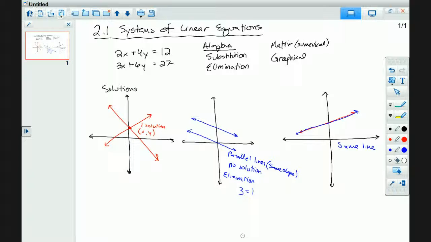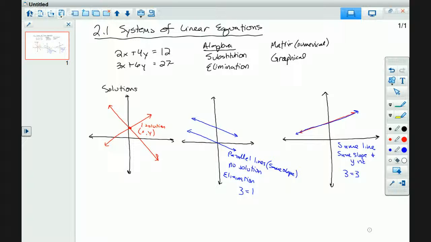They have to be different. Parallel lines, they'll be different. There'll be no solution as false by mistake. The other case happens here, where they have the same slope and y-intercept. And you might get something like that. Okay.